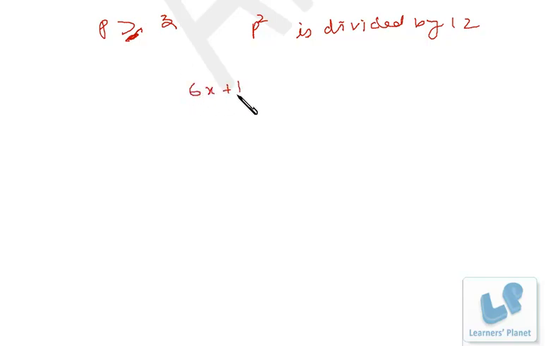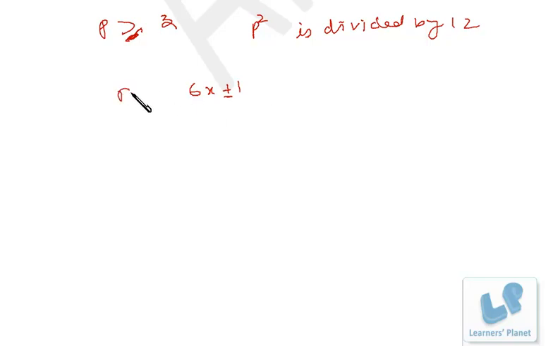Now we are given p is a prime number greater than 3. What will be the remainder if p square is divided by 12? I've already discussed this problem in our basic session, but once again, a quick recap. Any prime number greater than 3 is always in 6x plus or minus 1 format.